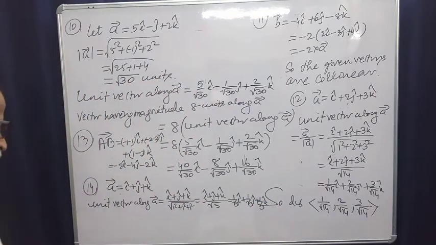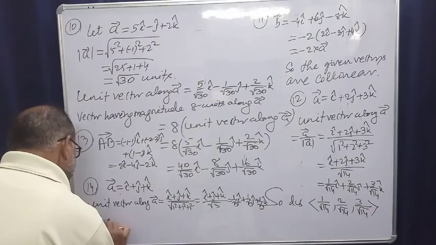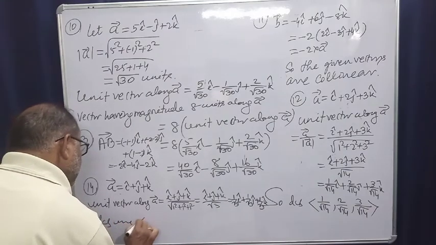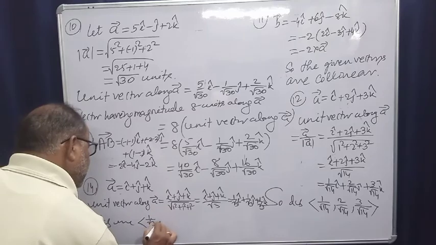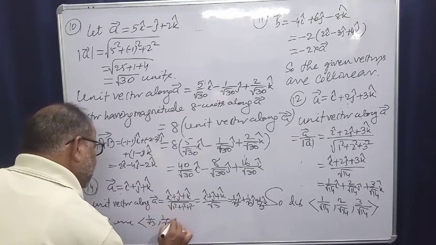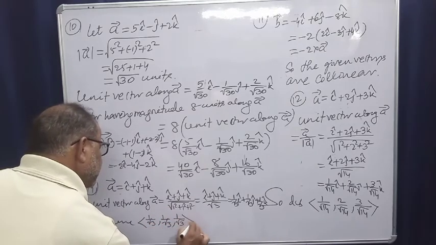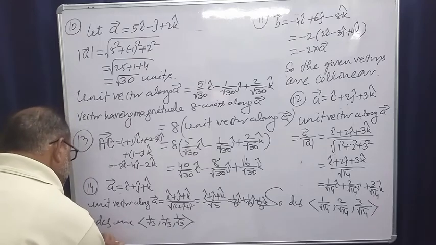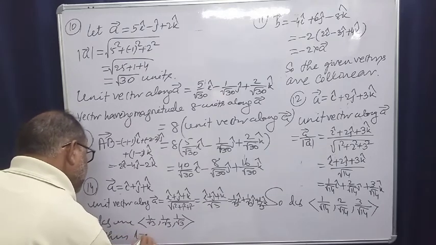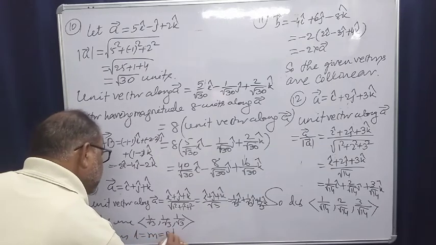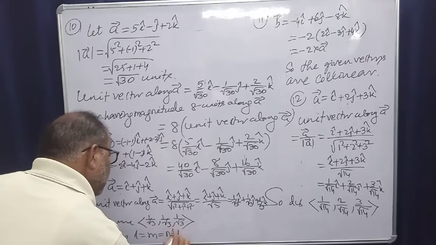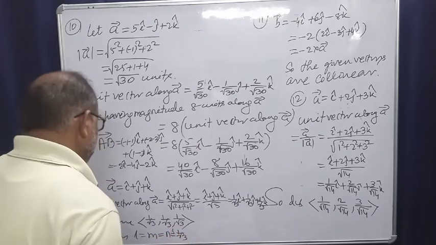Right? So the direction cosines are 1 by root 3, 1 by root 3, 1 by root 3. Thus, l is equal to m is equal to n is equal to 1 by root 3.